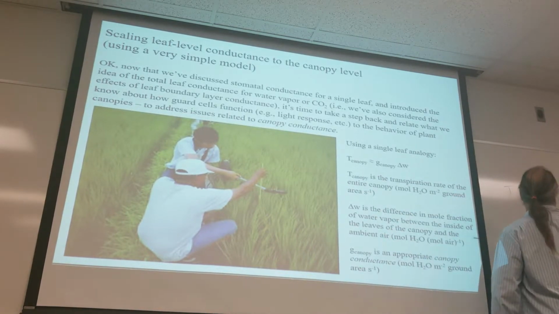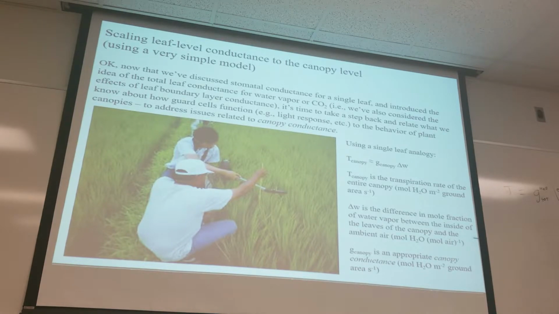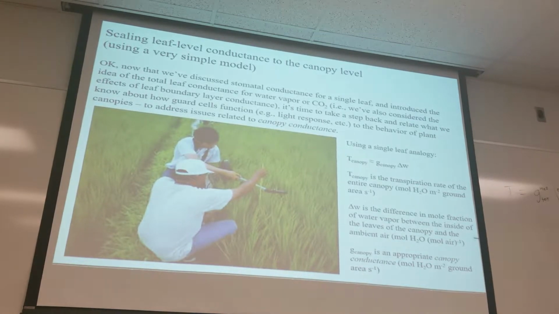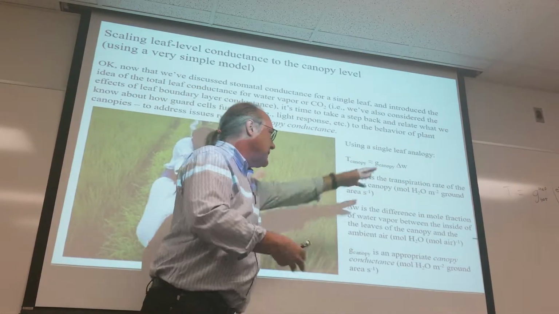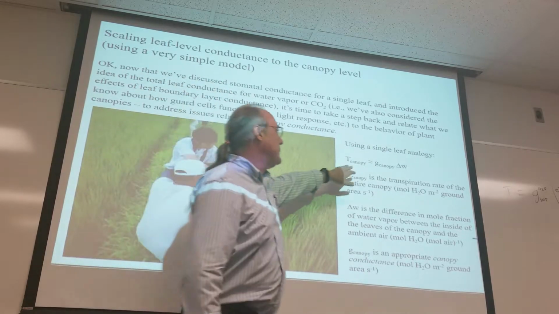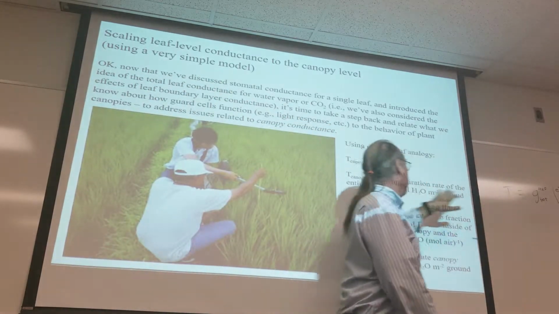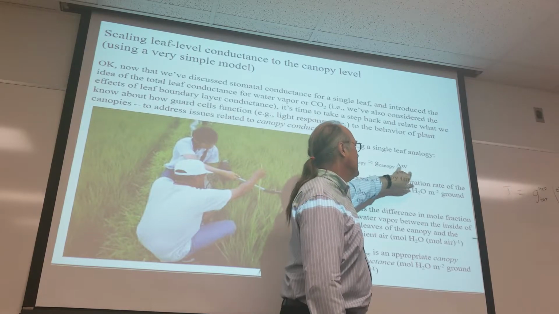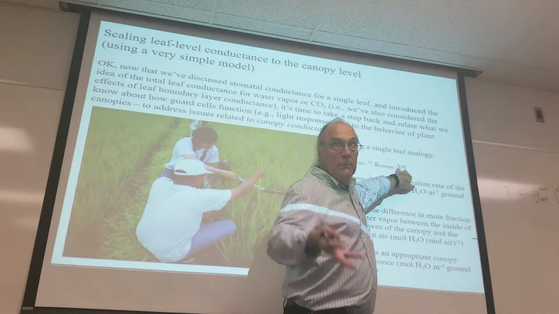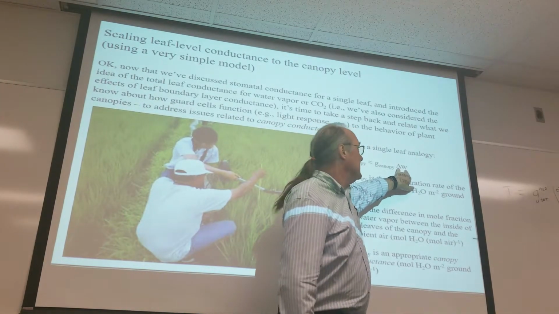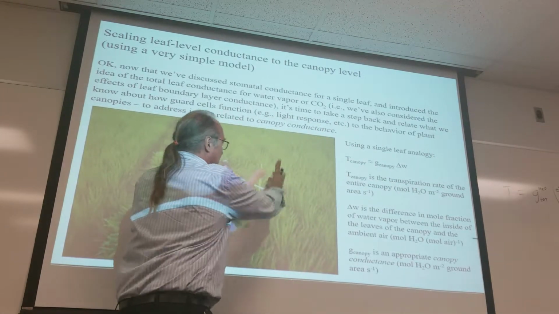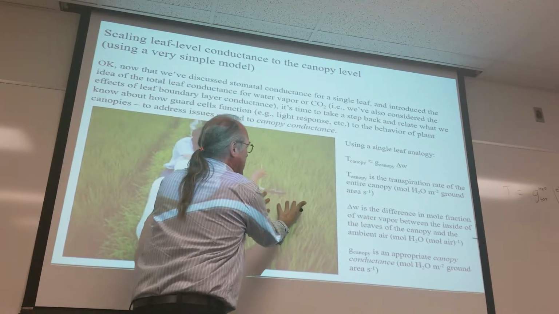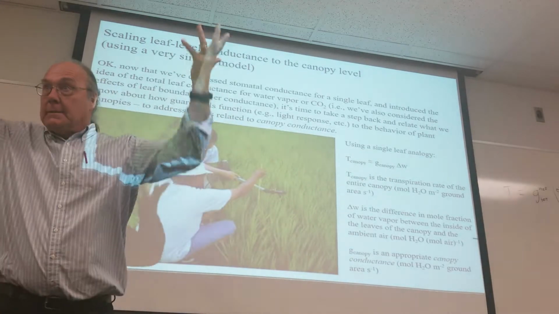So this is the total leaf conductance for water times the mole fraction water vapor difference. We can use that same approach at the canopy level and talk about canopy transpiration equal to this driving force, the difference in the water vapor concentrations, times a canopy conductance. It's sort of like the equivalent of the stomatal conductance, but for the entire canopy.